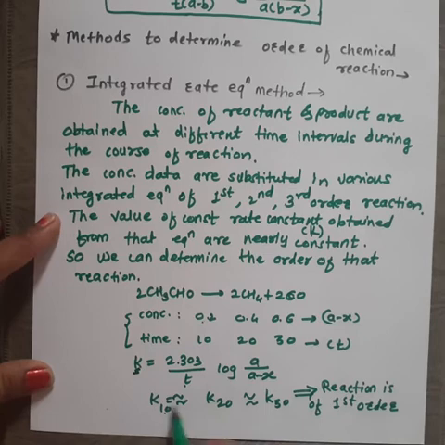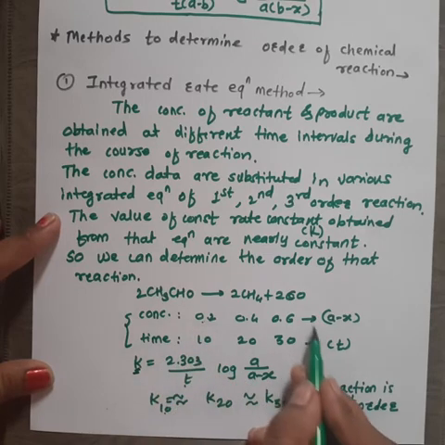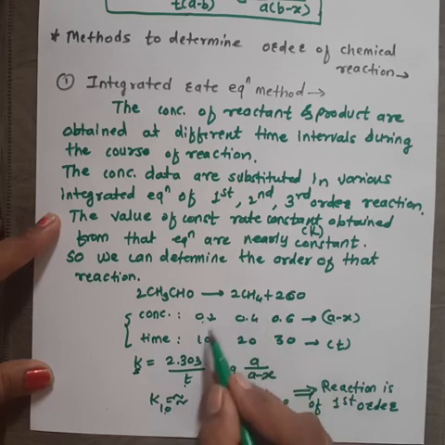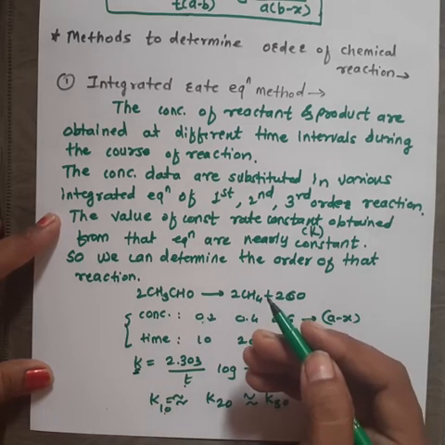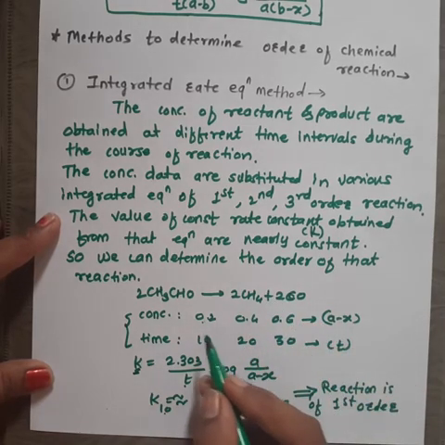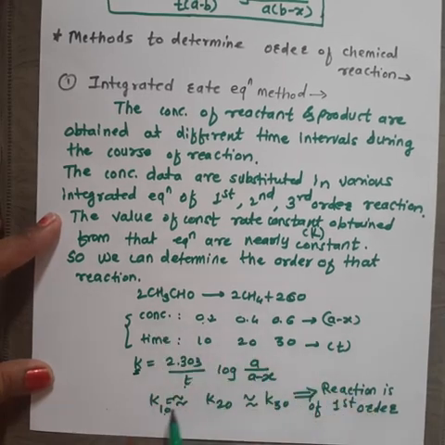If these values are not the same, then we put the same values of concentration and time in the second order equation, and we check whether the value of K is constant or not. If in the second order equation the value of K is constant, then we can say that the reaction is a second order reaction.